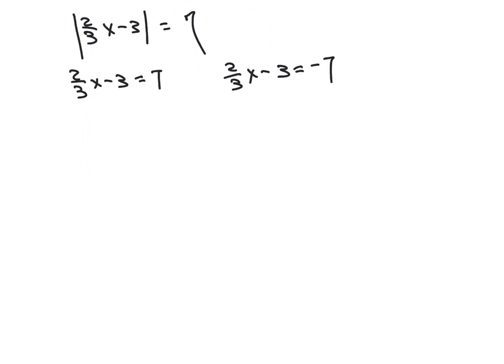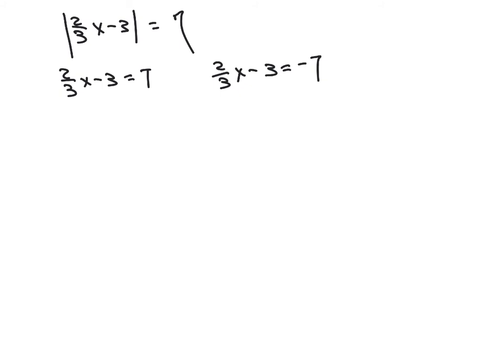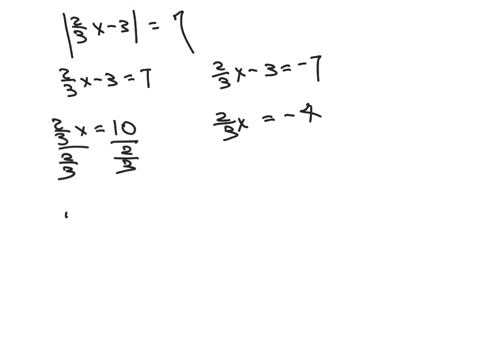Okay. Then we solve for each one. Okay, and we keep going. We divide by 2/3, divide by 2/3, which is the same as x equals 10 times 3 over 2.